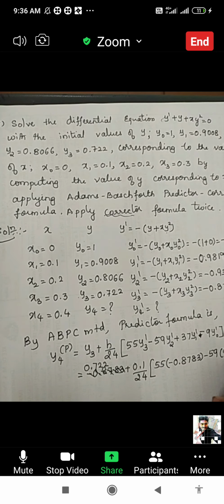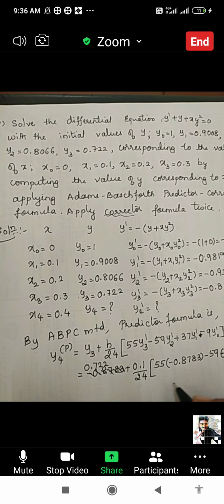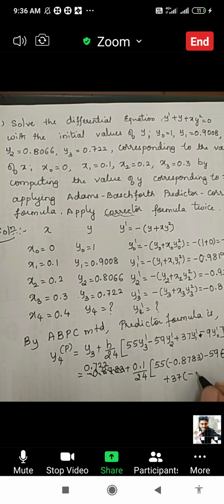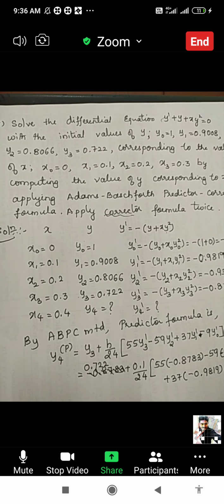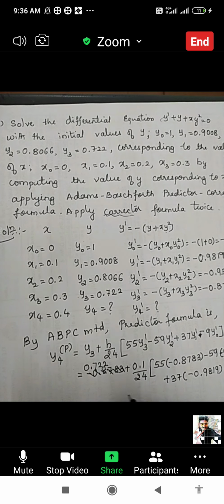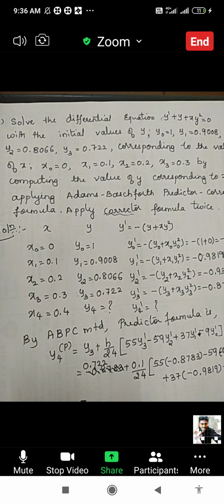Sorry, this is minus. Minus, don't forget. Next is plus 37 into minus 0.9819 minus 9 into y0 dash. Y0 dash is minus 1. Yes. Answer.